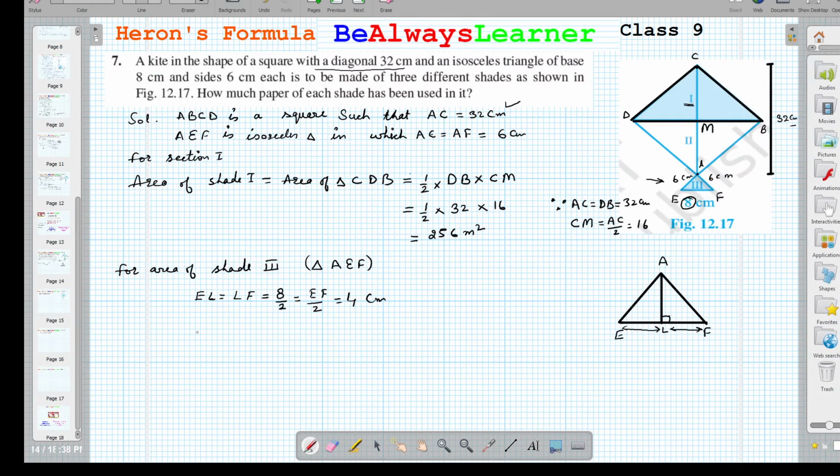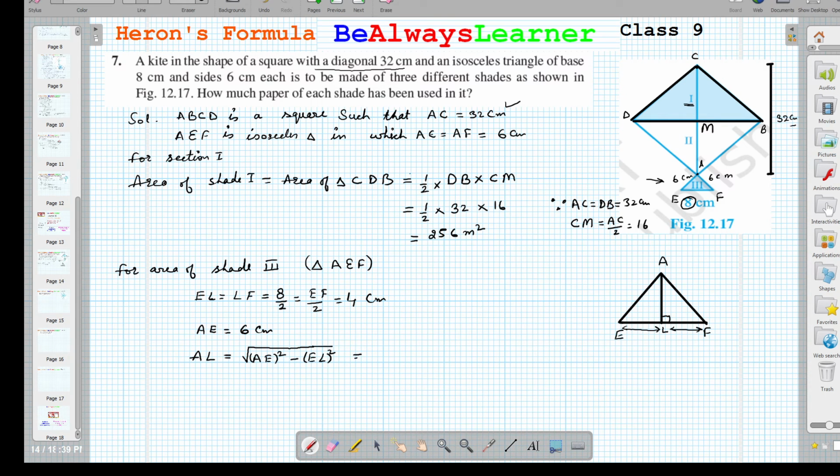For that we want to have AE, it is already given to us, that is 6 centimeter. We have to calculate using the Pythagoras theorem, that is AL is equal to, because AL is now the perpendicular section, so we have to make hypotenuse, that is AE, square of that minus the base, that is EL, square of that and square root of.